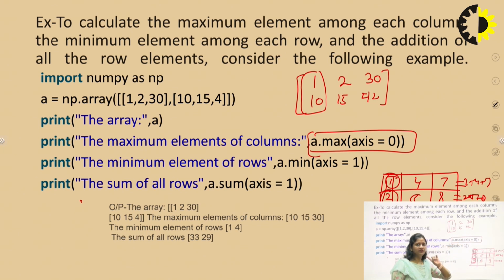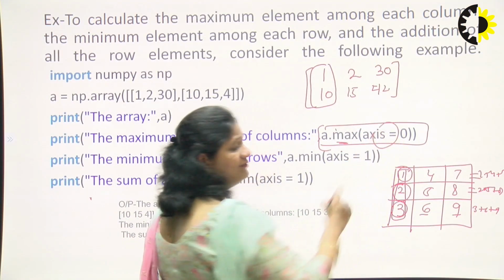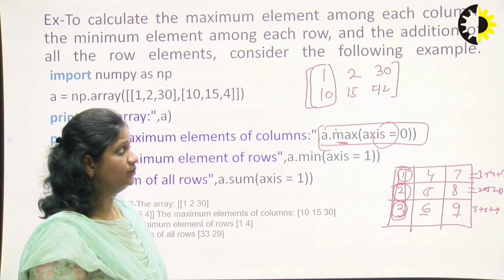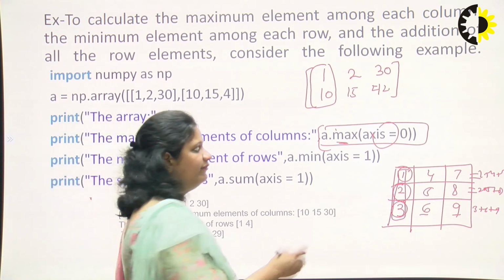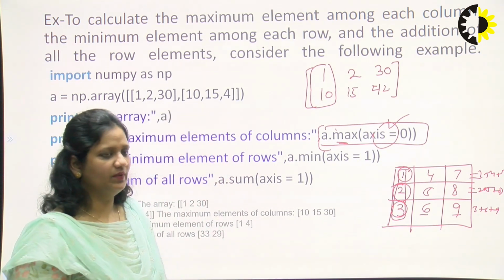Because in the question we have to find the maximum element among each column, we use the max function. In Python, if we are working on columns, we have to write axis equal to 0. Okay.